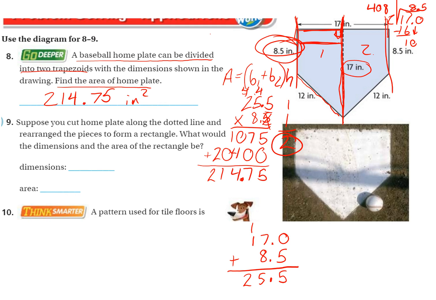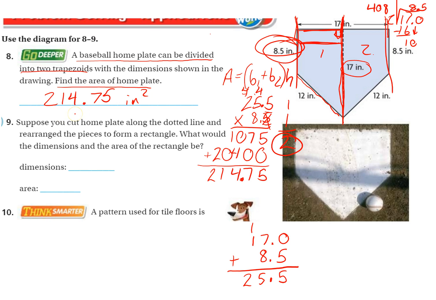Did I make a mistake somewhere? Let me see. The reason I'm checking is I just looked in the book and it has 216.75 inches squared as the area, and I obviously got 214.